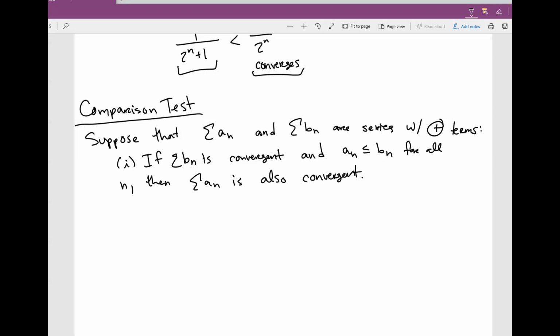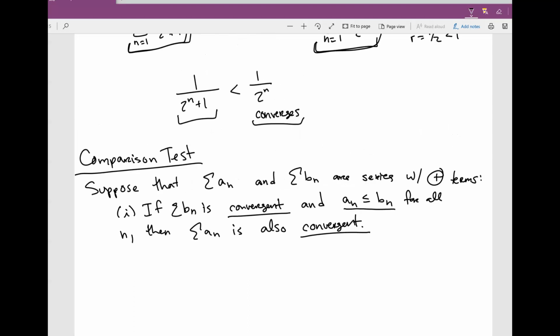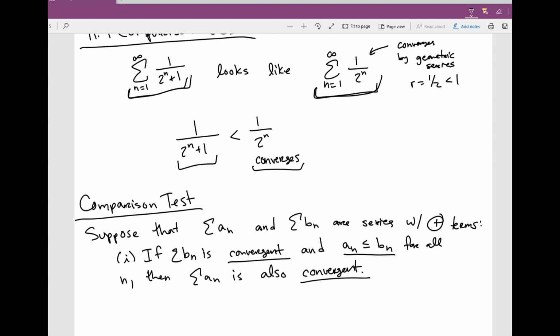Basically, if you can come up with some other series and show that the series you chose is less than that, and we know that b sub n is convergent, then the sum of a sub n is also going to be convergent, which is basically what we said here. We chose a series that is much bigger than this guy. So if I know that this guy converges, then this guy is also going to converge.